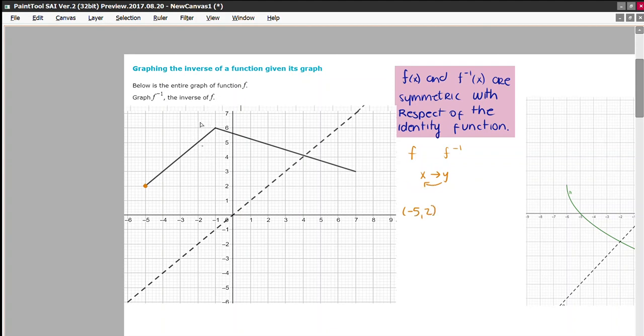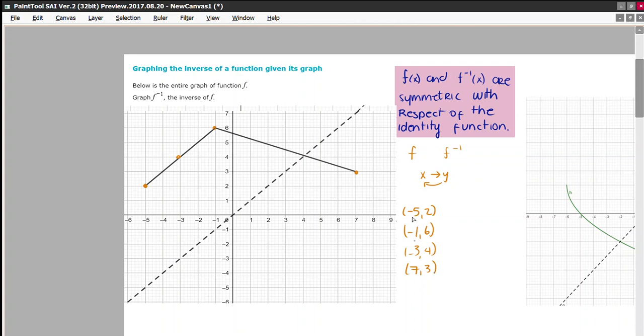Another easy point to identify could be -1, 6. Another easy one could be -3, 4. And let's look here. Another easy to identify point could be 7, -1. I'm just going to color them. The last point is 7, 3.